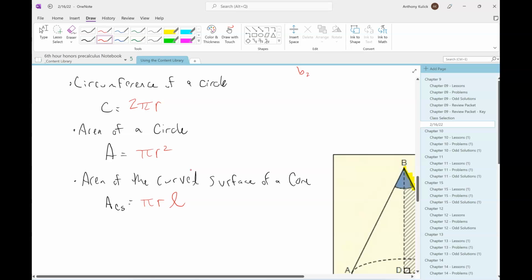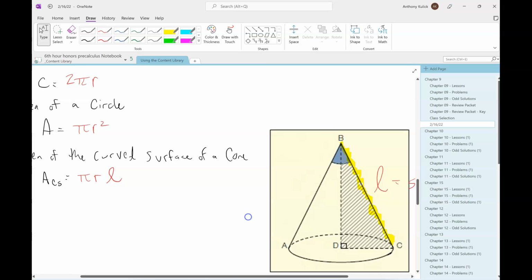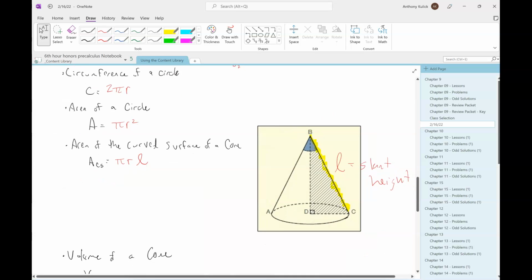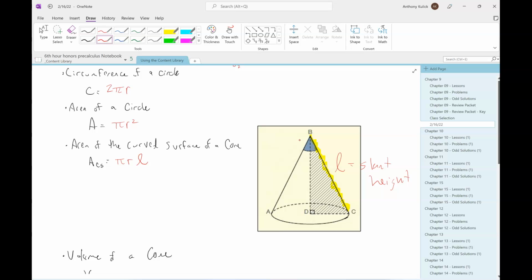That's pi r L, where L is the slant height of the cone. So if we look at the triangle BDC, the slant height is that side BC. Everybody's cool with that definition?